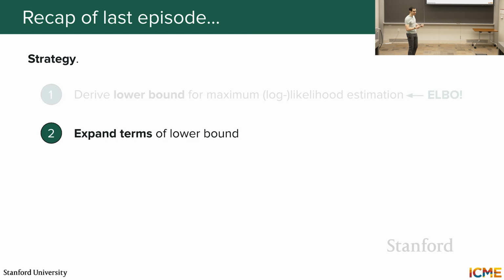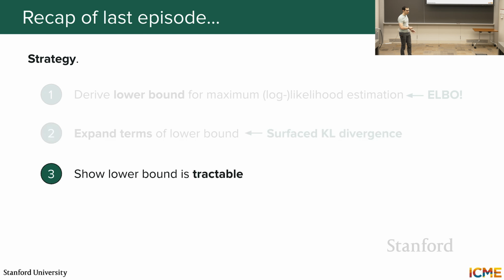We expanded the terms from the ELBO, from the lower bound, and we saw that some nice terms came out of it. There was, for instance, a KL divergence between exactly what we wanted to learn and the forward process that we defined, something that we could express.